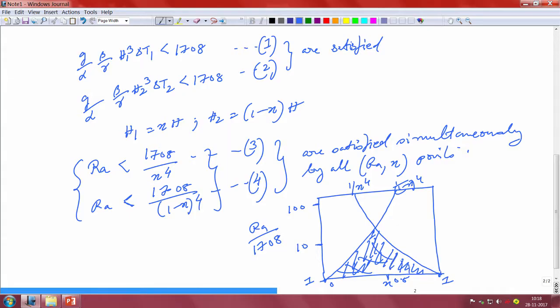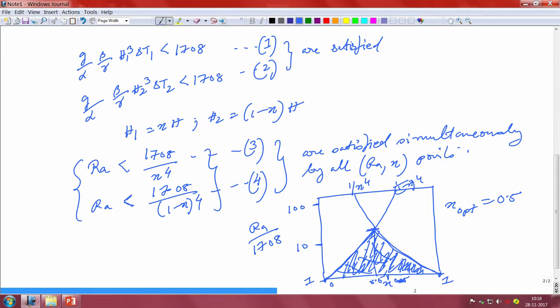On this side you satisfy one criterion, not necessarily the other. This is the region where you satisfy both the criteria. This is the area under the graph where you satisfy both the things, and this comes exactly at 0.5. So, x optimum is about 0.5, because this is the highest Rayleigh number that you can get.